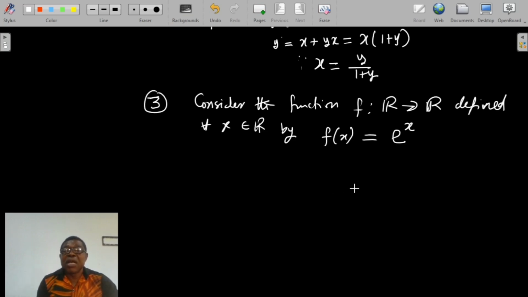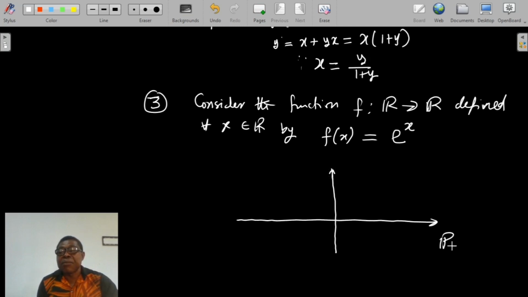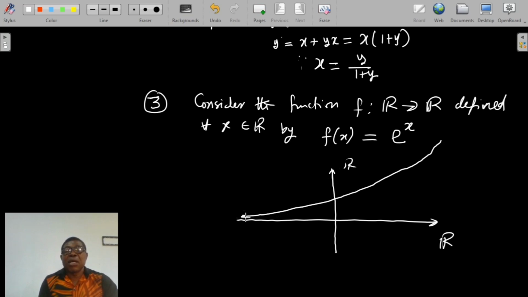I want us to observe that graphically this function, this is R cross R. The graph of the exponential function is something like this. It is asymptotic to the x-axis and straightly moves to infinity.